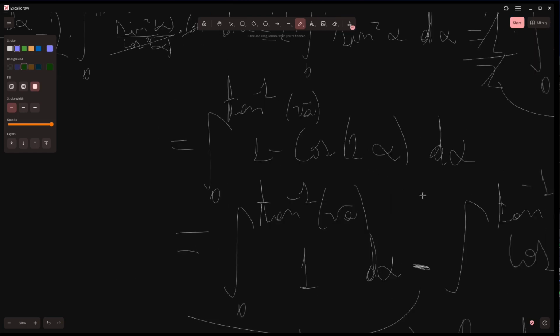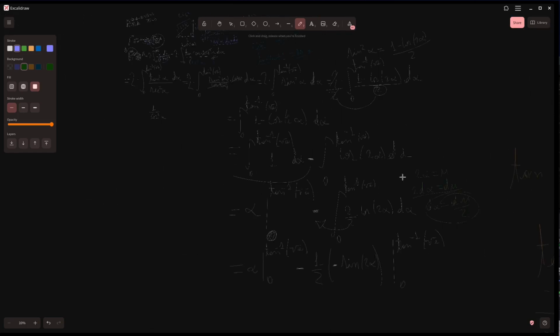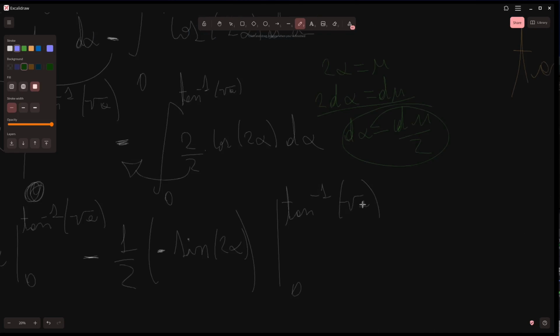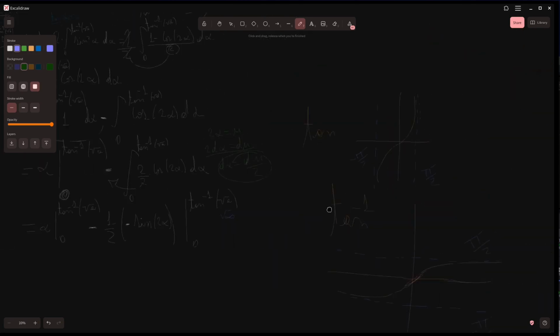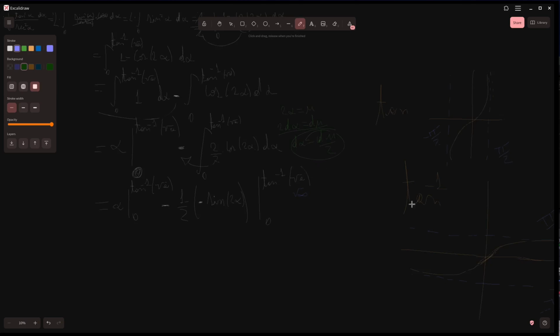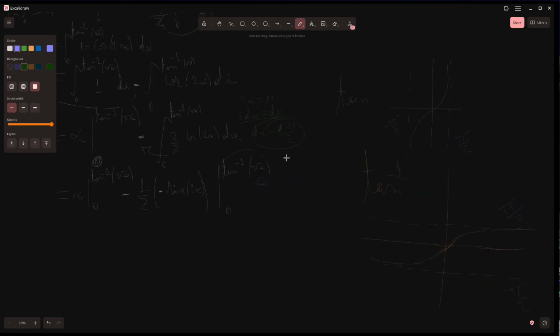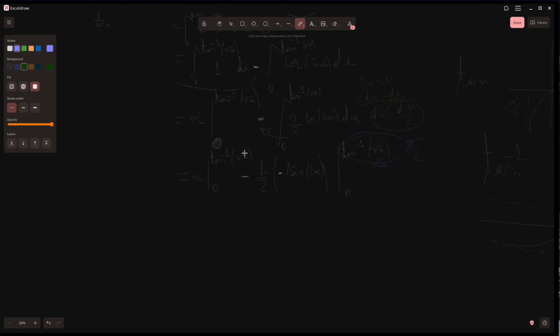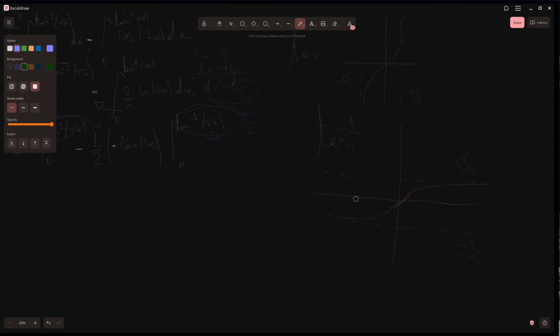If we plug this in, we need the tangent of the square root of infinity, which is infinity, and we know that if we take infinity here, the function is pi over 2, so the limit also needs to be pi over 2. So this entire limit is pi over 2, and that means this is also pi over 2 because of the graph.